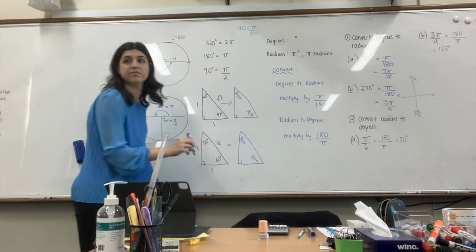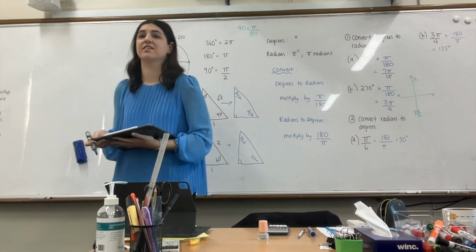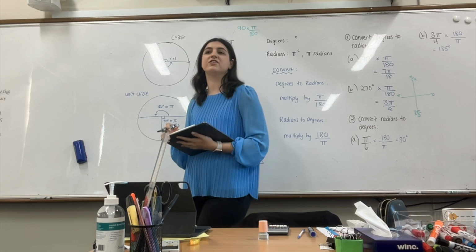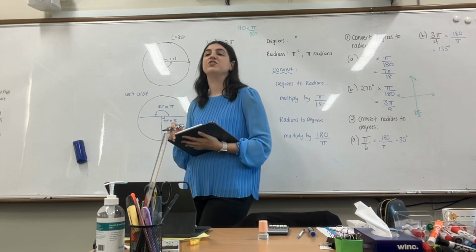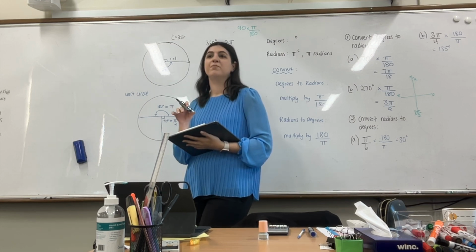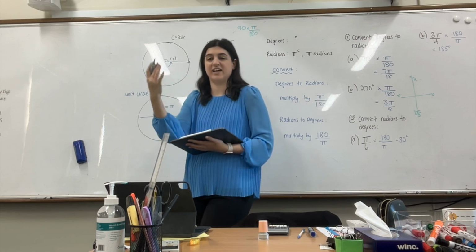Miss, what are radians used for in life? Well, it's used for a lot of measurements and lots of angles. So rather than degrees, we'd rather work with radians, because if we're working with the unit circle specifically. But in real life, a lot of tradespeople use degrees because that's more relevant.